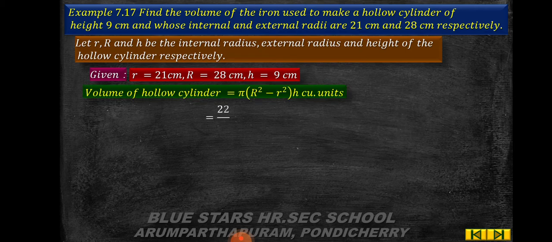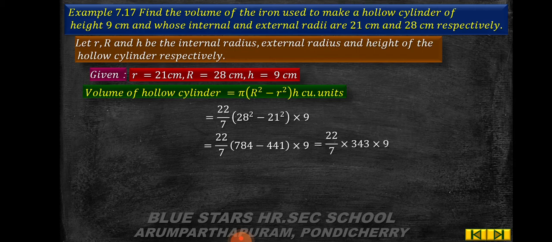Volume of the hollow cylinder is equal to pi into capital R square minus small r square into h cubic units, which is equal to 22 by 7 into 28 square minus 21 square into 9, which is equal to 22 by 7 into 784 minus 441 into 9, which is equal to 22 by 7 into 343 into 9.